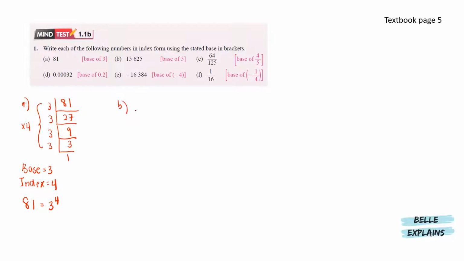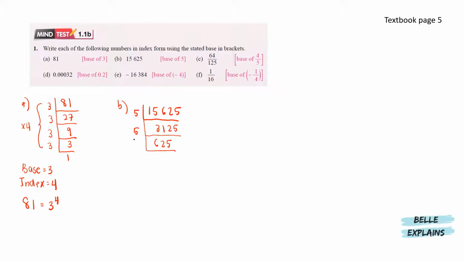Next for B, we have 15625 with a base of 5. By putting this into your calculator, we know that 15625 divided by 5 gives us 3125. Divide by 5 again, that will give us 625.